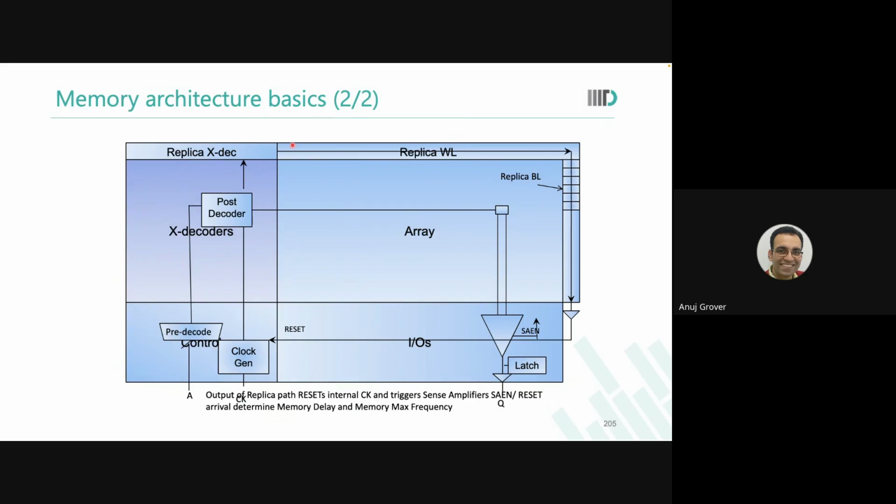If I would keep this replica bit line right adjacent to my control region, where would be the worst cell? Right adjacent to the control region. Because this is the path of the activation signal. Are you getting it? So where you place your replica bit line or replica sense amplifier will define how much margin you have in which particular cell.